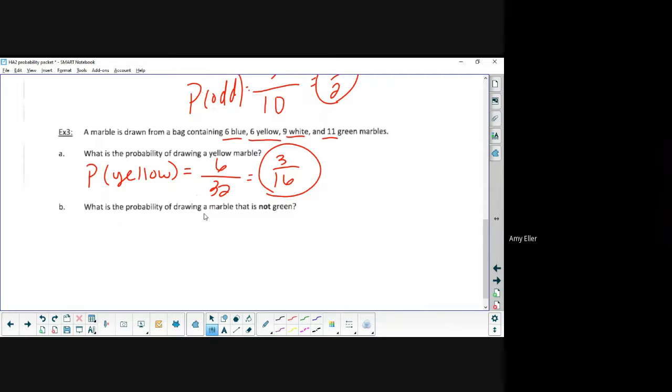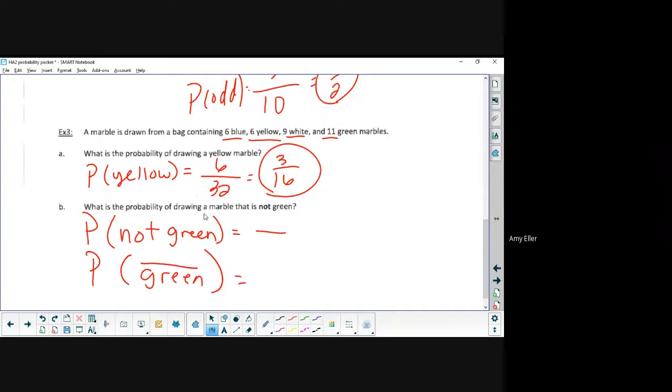Probability of drawing a marble that is not green. If you would, for me, I want to kind of go over some notation. Write down probability not green before your answer. Sometimes that's written like this. If you ever see that, that means not.